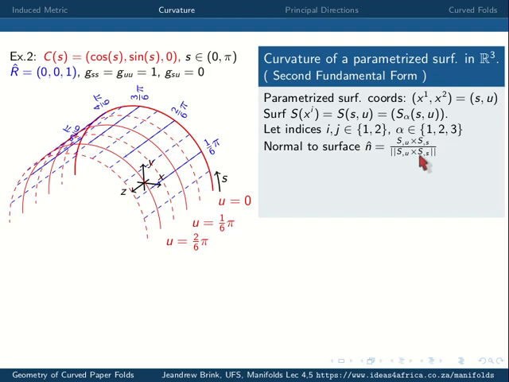Okay, so now the curvature is just basically, I define my curvature tensor as the second derivatives of S with respect to xi and xk. So you basically take all the possible second derivatives of your parameterized surface, and then you dot it with a normal.